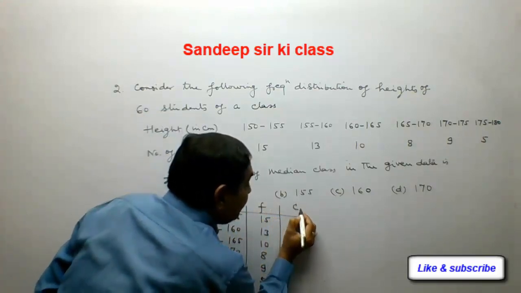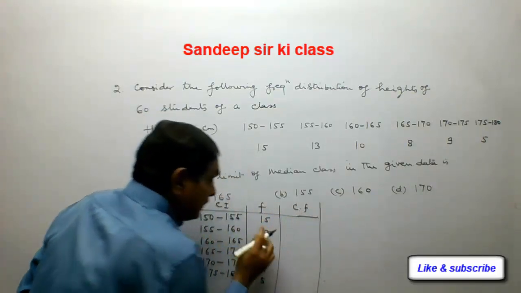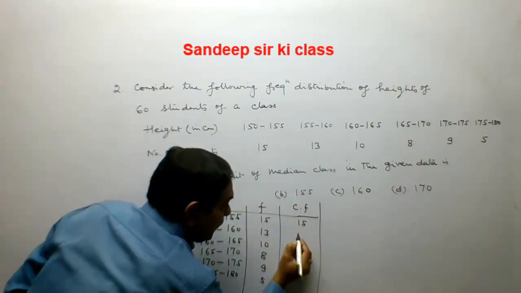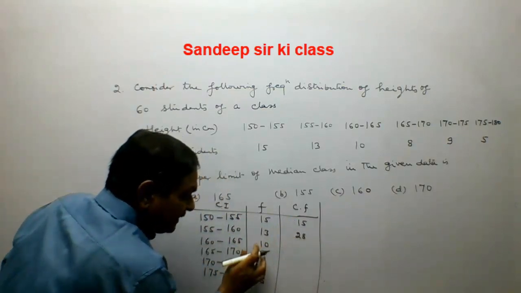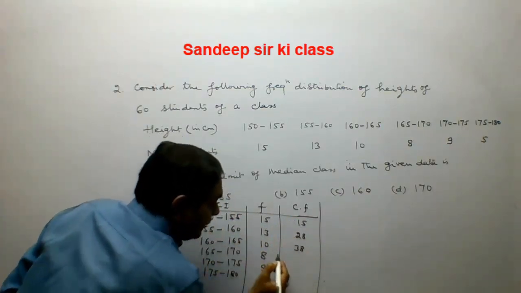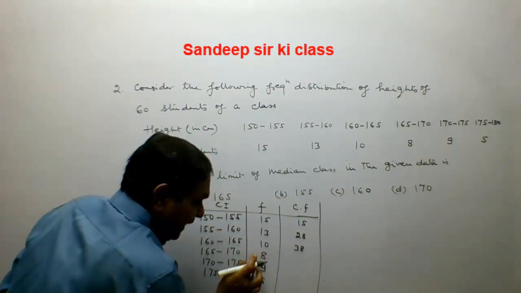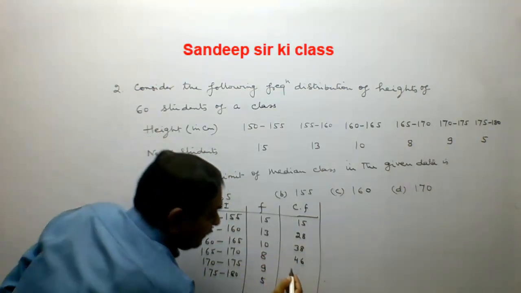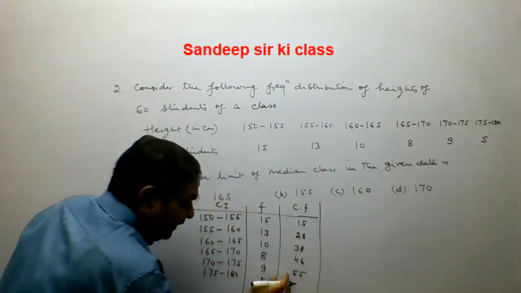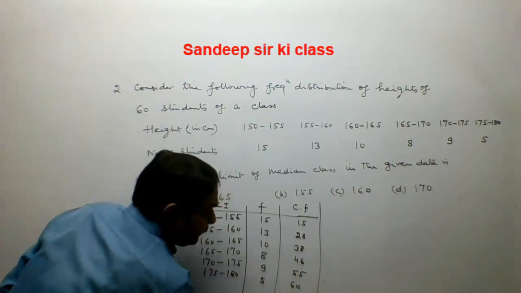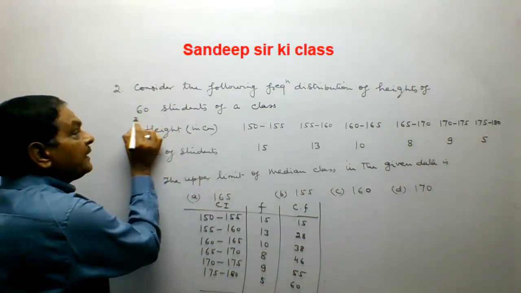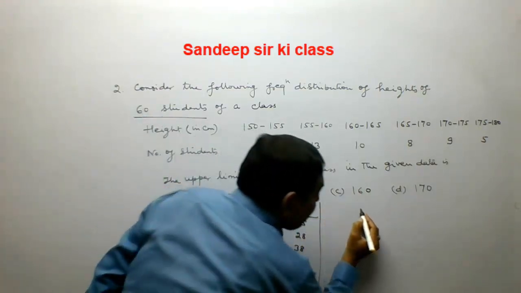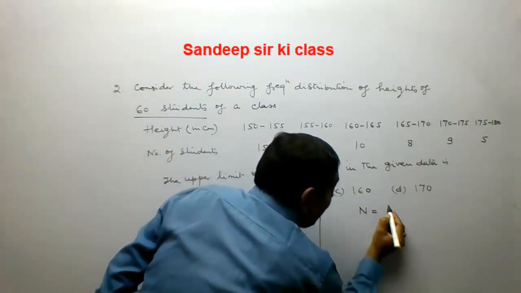Now to find cumulative frequency, first we will write 15, then 15 plus 13, which is 28, then 28 plus 10, which is 38, then 38 plus 8, which is 46, 46 plus 9, which is 55, and 55 plus 5, which is 60. It is also checked that there are 60 students in the class. Now our n has the value 60.